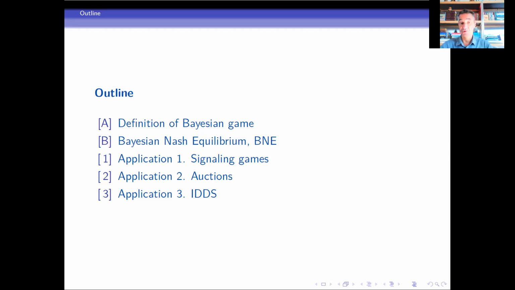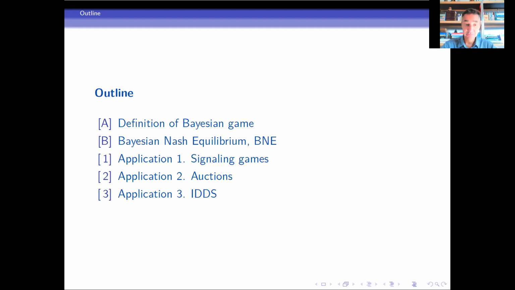You could say that is a type of solution or technique to solve certain Bayesian games. Not all of them. You need to have a very specific setting for this technique to work. But you'll see how that looks. And the other 2 applications, signaling games and auction design, are simply types of Bayesian games that are used quite a lot in economic contexts.